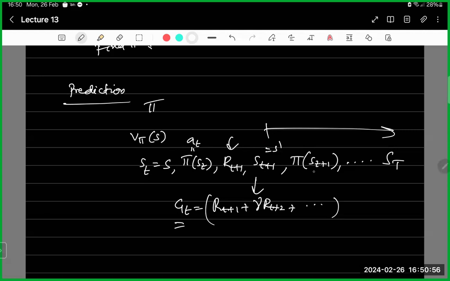For every state, like if this is the first time S dash came, then if you measure the return from that state, you'll get an estimate for V pi of S dash. Okay. So this is called the Monte Carlo method. This is called the Monte Carlo prediction method.